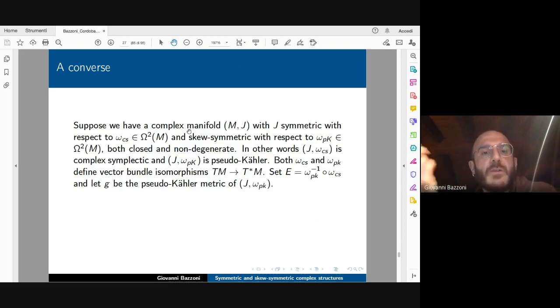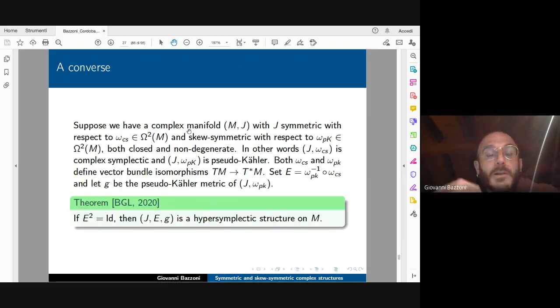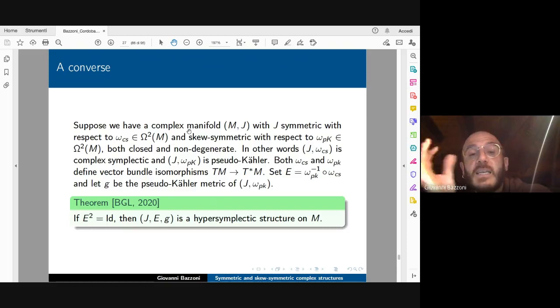Also you have a natural pseudo-Kähler metric, which is that of J, omega_PK. Well, the theorem says that if E squares to the identity, so if E is what is called an almost product structure, you don't even have to check integrability. If this condition is fulfilled, then (J, E, G) is a hypersymplectic structure on M.